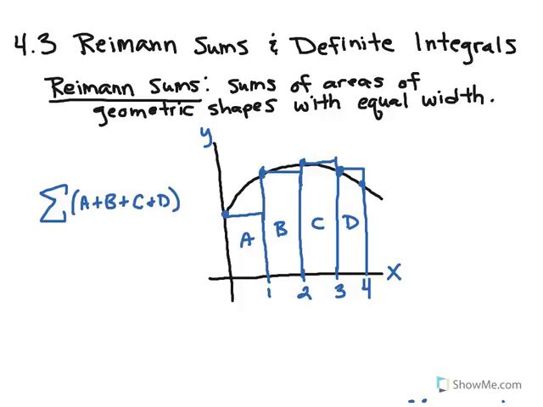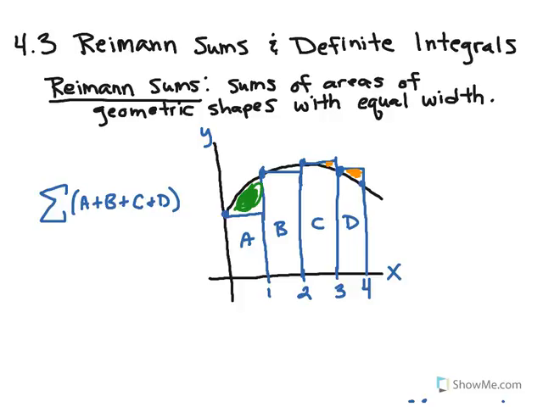Now notice that this is not going to be very accurate because we're missing a lot of pieces. This here is an underestimate because I'm missing this huge space of area here, and then of course over here I go over a little bit and all that good stuff. So the more rectangles that you can use, the better your approximation is going to be.